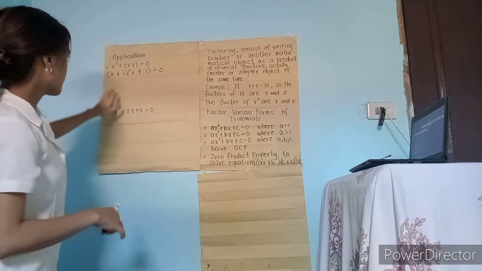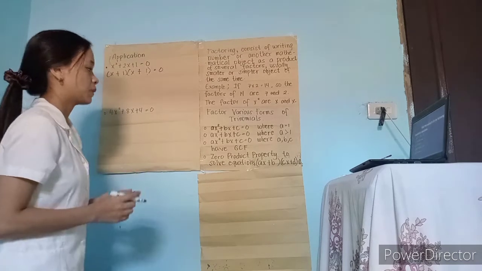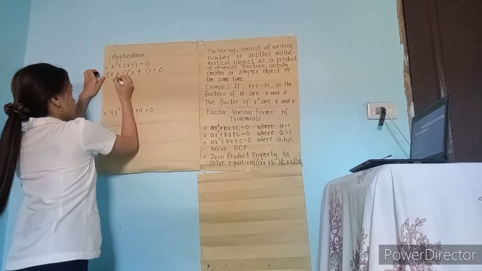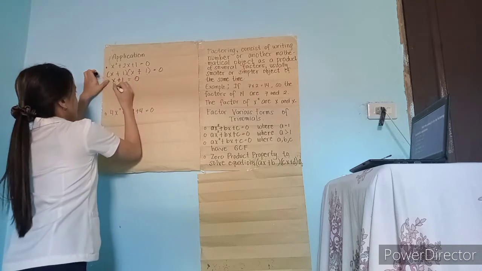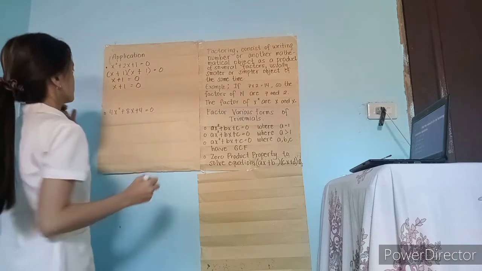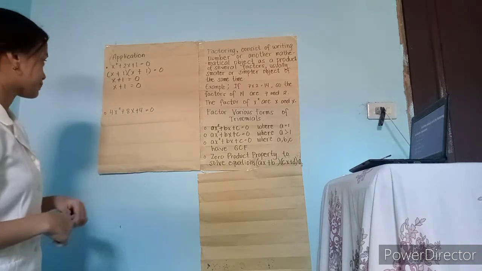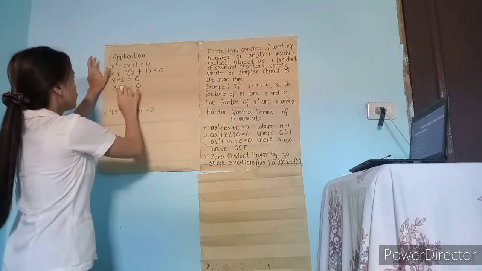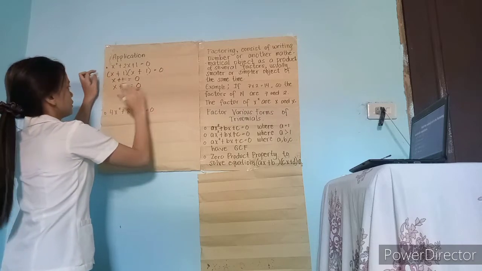Then, after this, we are going to use the zero product property. So we equate x plus 1 is equal to 0, and x plus 1 is equal to 0. To find the value of x, we need to move the constant term to the other side.